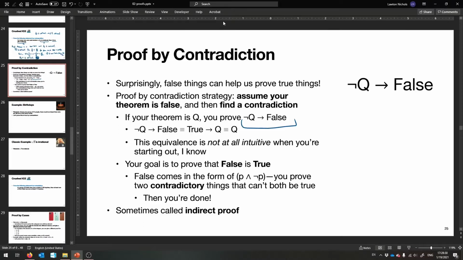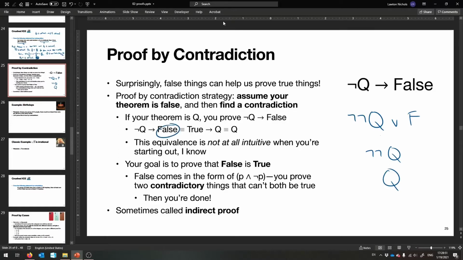And the reason that works, the reason it's equivalent, is because not Q implies false. Well, that's just not Q, or false. Oring by false does nothing, so that's just not Q. That's just Q.